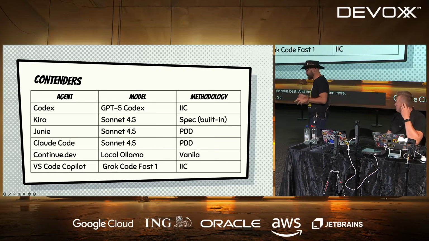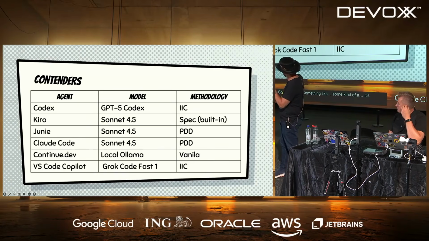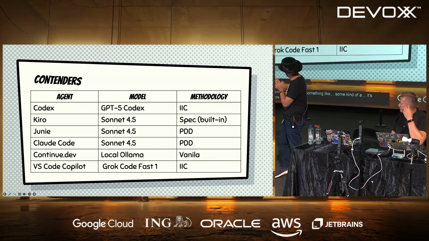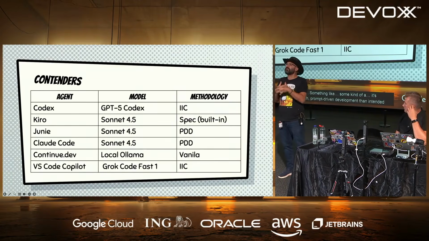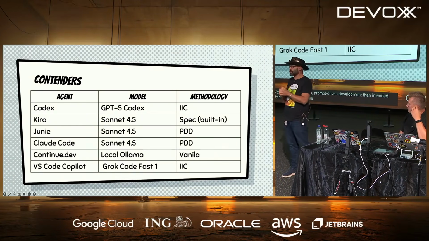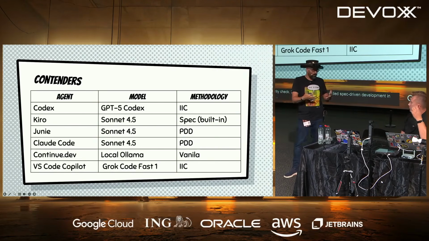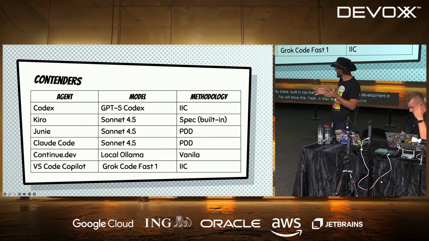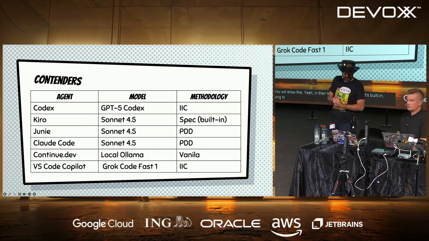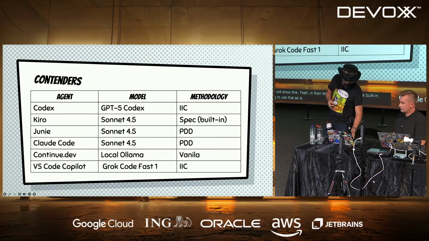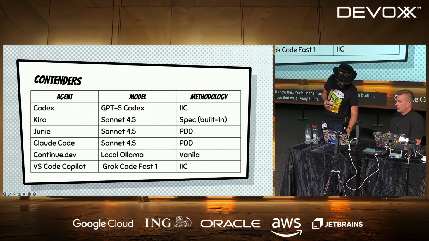So Kiro has something, it's probably more PDD, prompt-driven development, than intent integrity check, built into the tool. It's called spec-driven development in their terms, but since it's built in, we're going to use that as is. All right. Our stack.